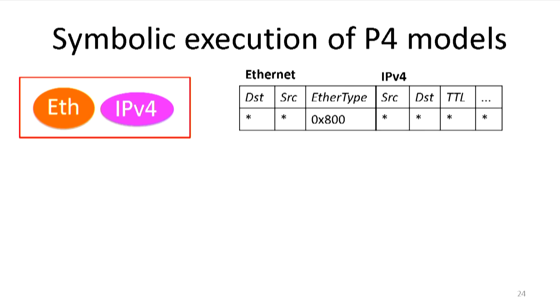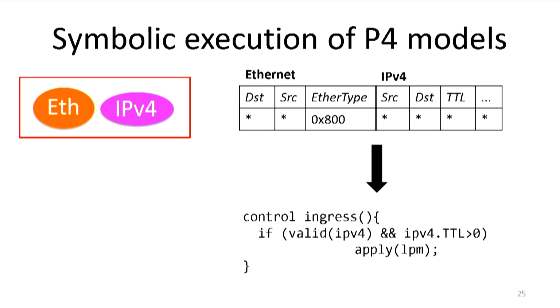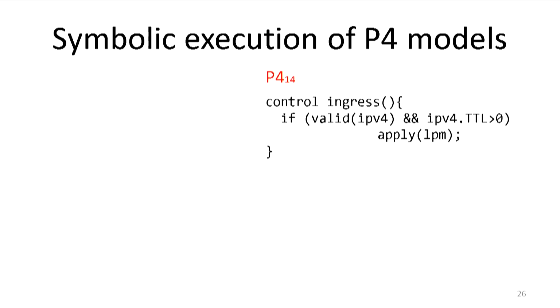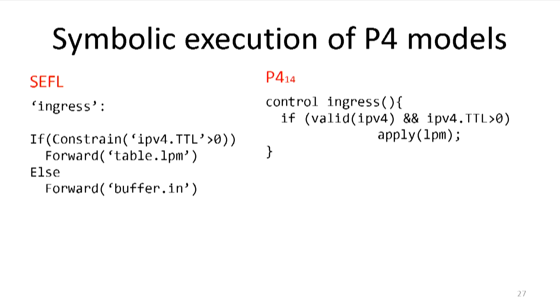All the header values have symbolic values, the stars, except for the Ethernet type, which is now constrained to a constant because it went through the parser, and this is the result. This is then fed to the control program. Beforehand, we have to compile this to a Cephal model. The corresponding Cephal model looks like this. This is a labeled instruction block called ingress.